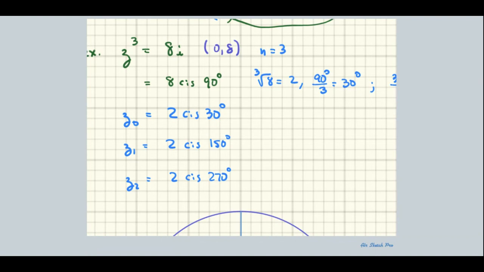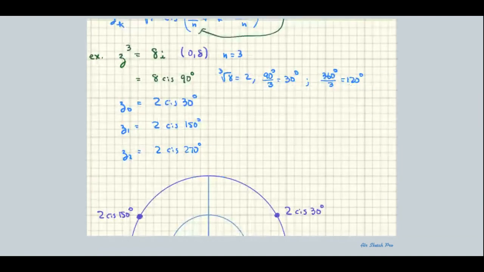That's how it works. Now for the rest of the solutions, we're going to start adding in thirds of 360. So for z1, I'm adding 1/3 of 360, 120. And for z2, I'm adding in 2/3 of 360, or 240.